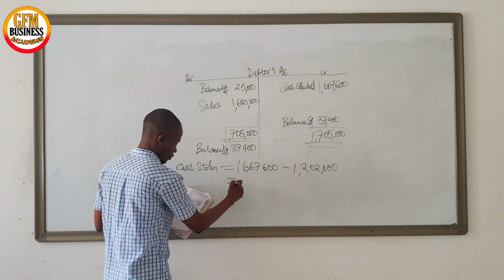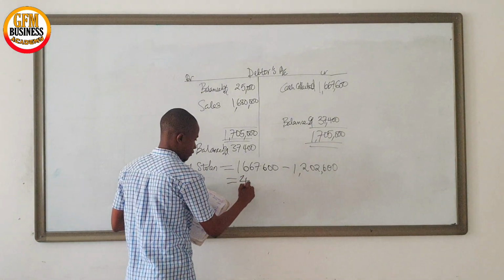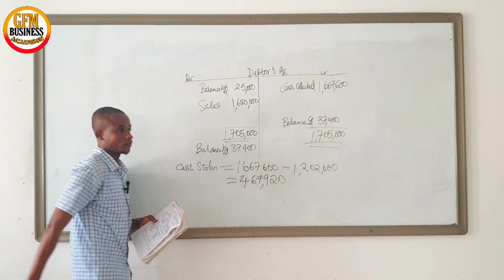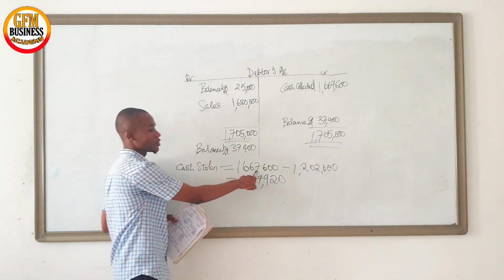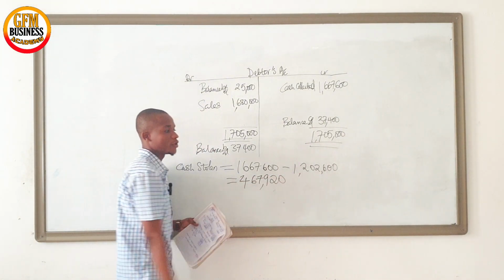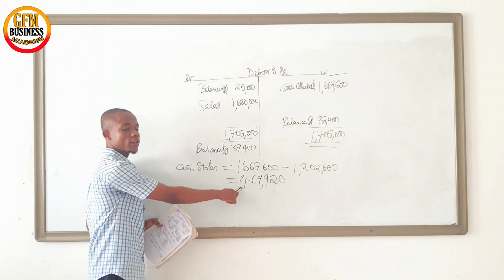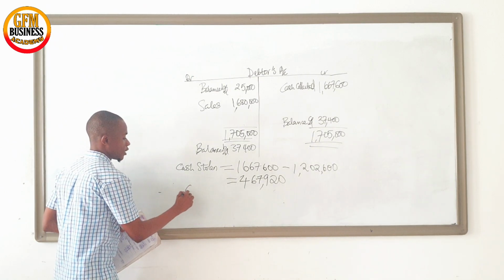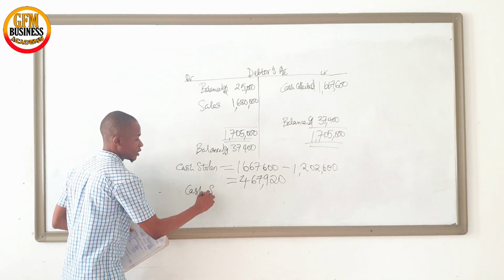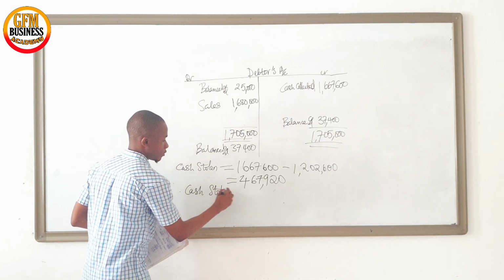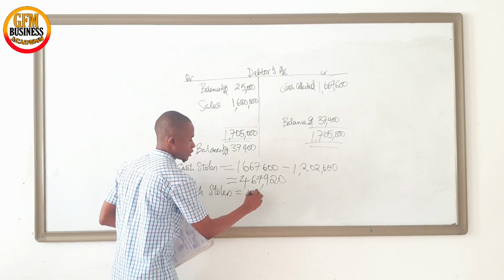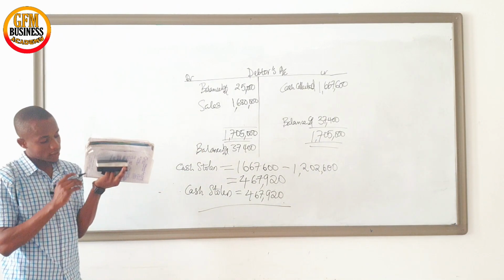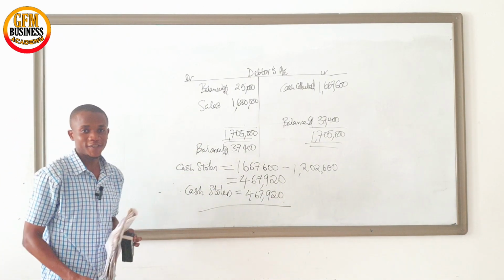When you subtract 1,206,600 from 1,667,600, you'll get 467,920. So therefore, we answer our question by saying the cash which was stolen was 467,920. That's the answer to that question.